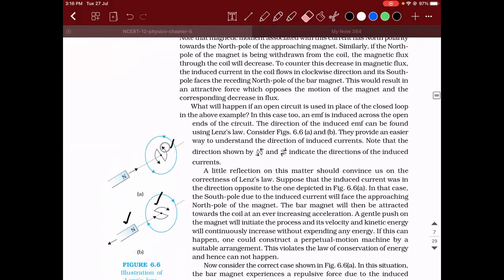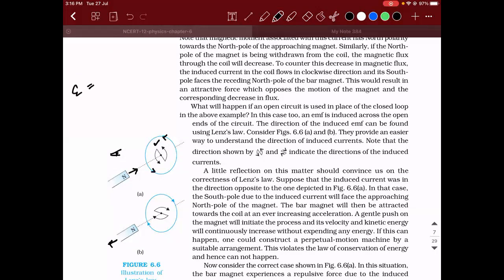So this is the example which I told. When North Pole is approaching towards the coil, and when you see from the side of the magnet, you will be seeing that the current in the loop is flowing in the anti-clockwise direction, and you have a North Pole getting generated. Similarly, if the North Pole is moving away, then the South Pole will get generated. That is why the opposite effect.